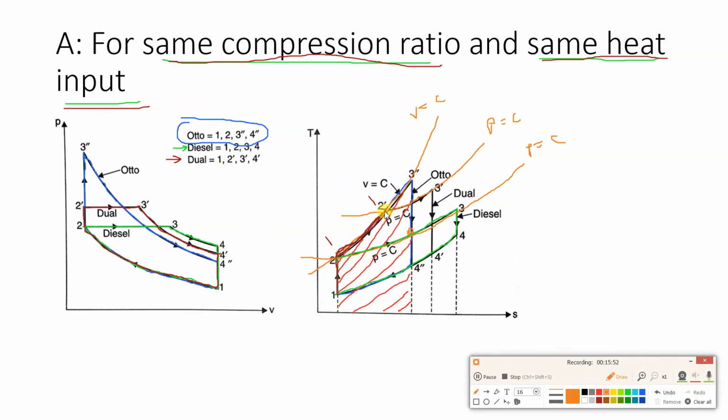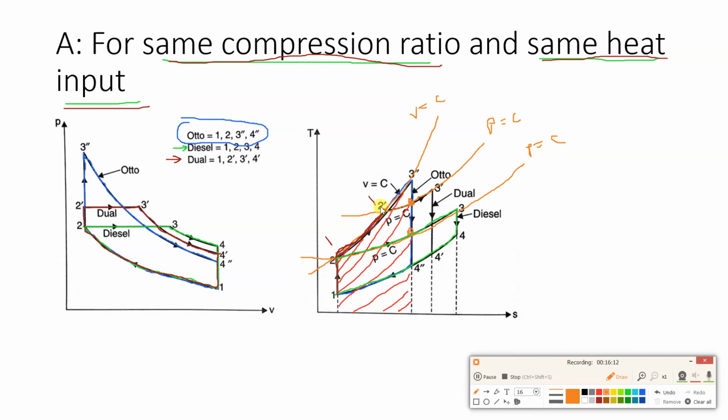Now again, suppose from 2 dash I stop at this location. So you can compare what is the original heat addition in case of Otto cycle. It is area under curve 2 to 3 double dash, which I have highlighted over here with red hatching.